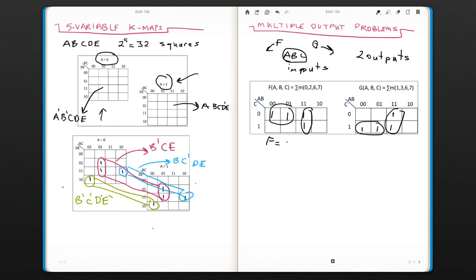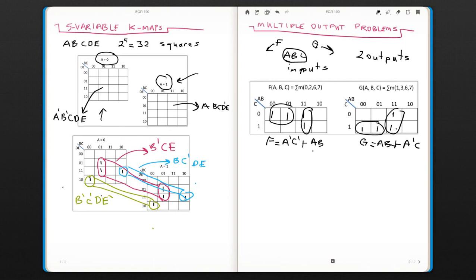F is gonna be A is not changing, A naught, C naught, plus AB, and here G is again the same one, AB plus A naught, C.